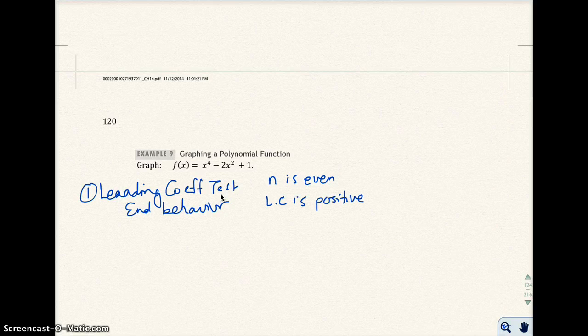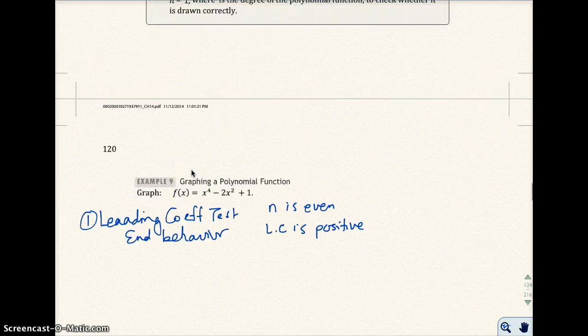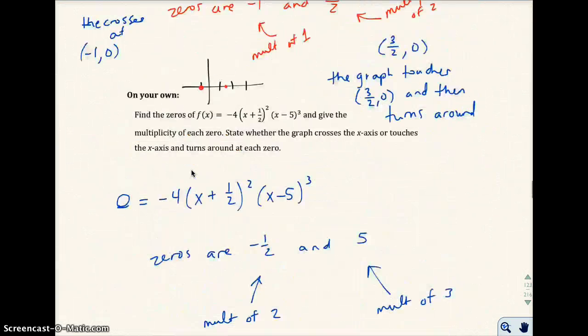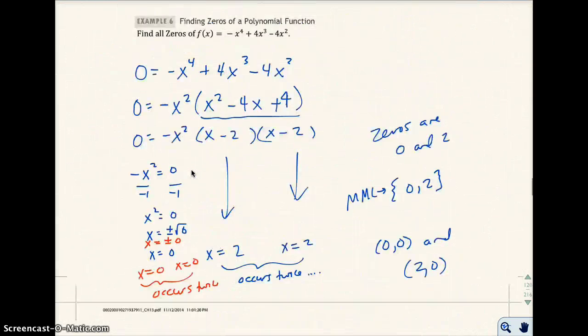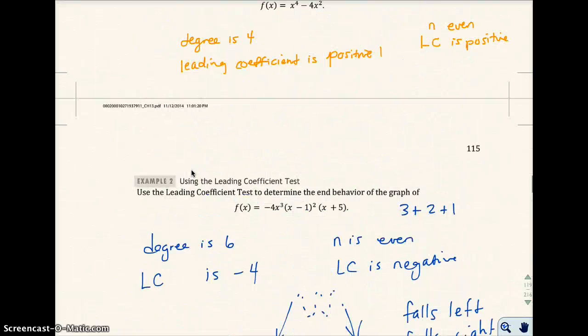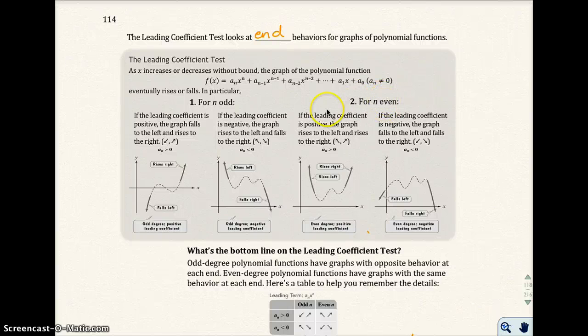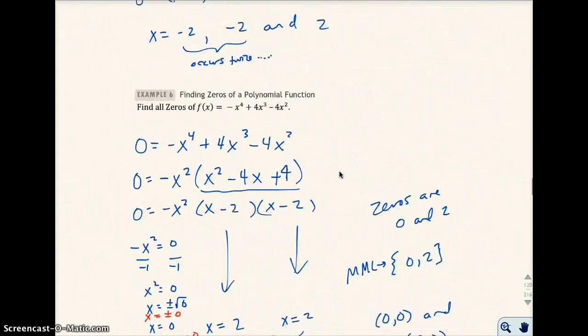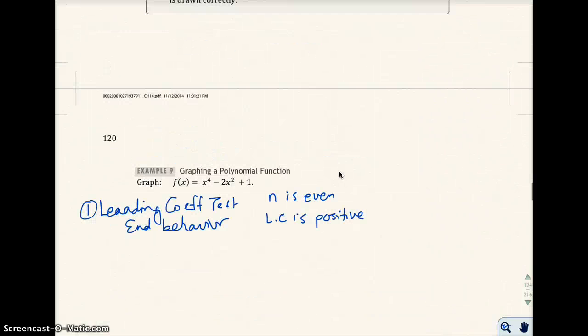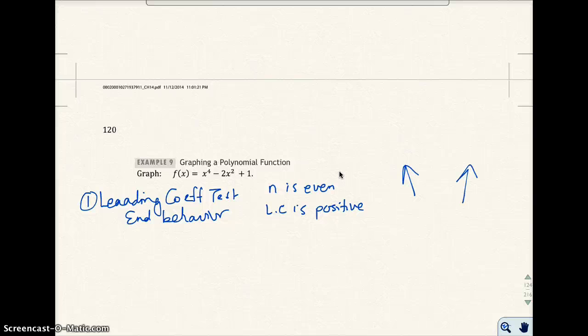You have a positive 1 there. So we go back to our chart here. n is even, leading coefficient positive, so it's this case right here. We have rise left, rise right. So I know that when I draw my graph, it better be rising left and rising right. I don't know what's going on in the middle, but I know that.